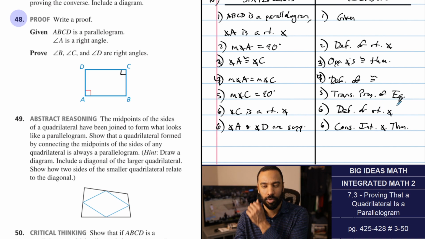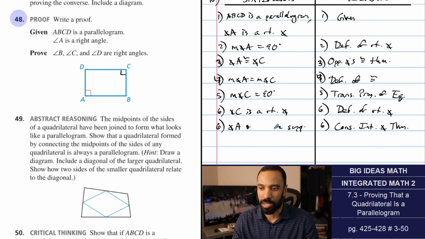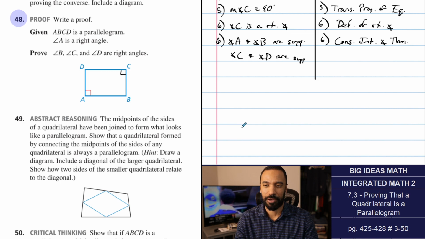Again, I'm probably doing more than I need. Then I'll say A and B are supplementary, and then I'll say C and D are supplementary. I'll just use them both in the same lines. Angle C and angle D are supplementary, so same reason. So I get to do all these together now.